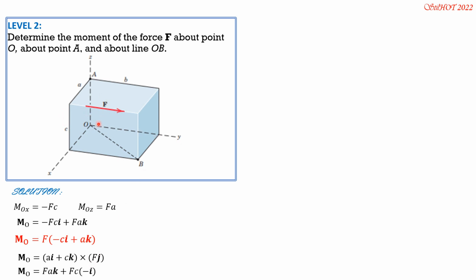Your right thumb would be in the opposite x direction, and that is negative I. So that's why MO is F times negative CI plus AK by the vector approach.